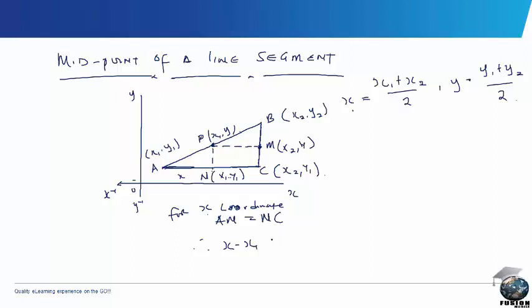And it must be equal to NC, which is x2 minus x. Carrying out these computations, you can cross x over to the other side, and it becomes x plus x, and taking the other point to the other side gives x2 plus x1. Then we have 2x equal to x2 plus x1, so that x itself will be equal to x2 plus x1 all over 2.